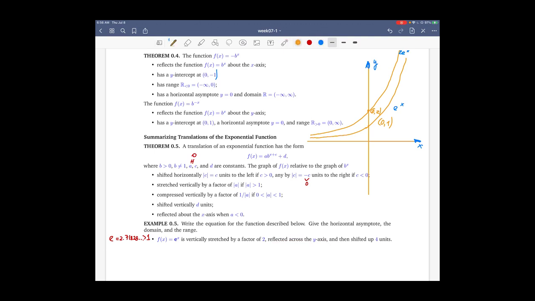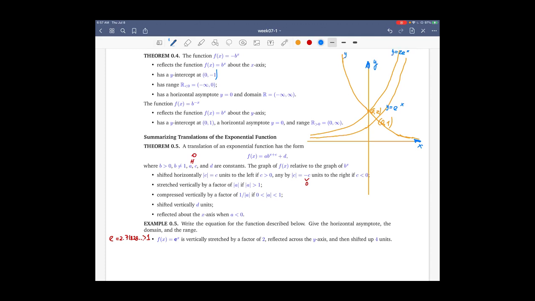That will result in the exponential function which is decreasing and passes through the point 0, 2. The reflection about the y-axis corresponds to replacing x by negative x.